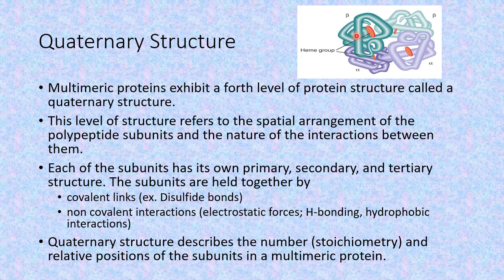Each individual polypeptide has achieved the tertiary structure, and then these various proteins in the tertiary structural form come and associate with each other by means of covalent links like disulfide bonds.